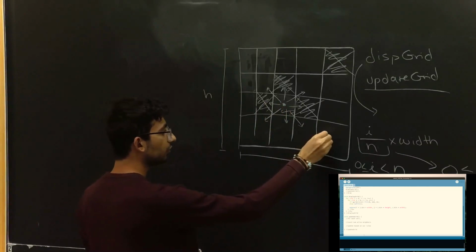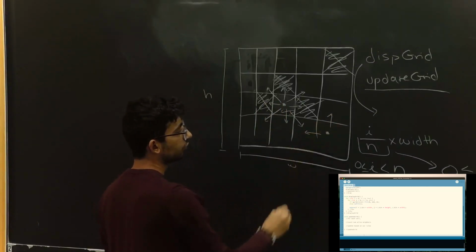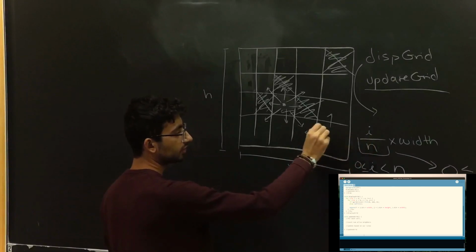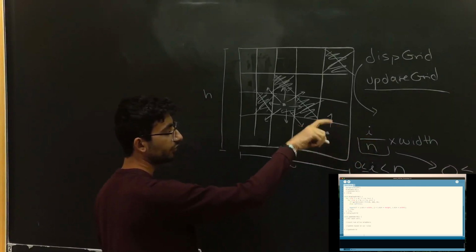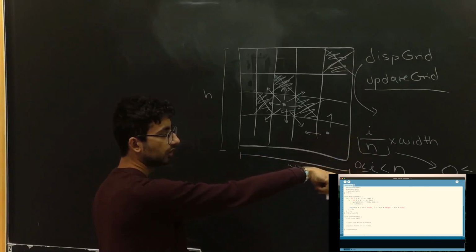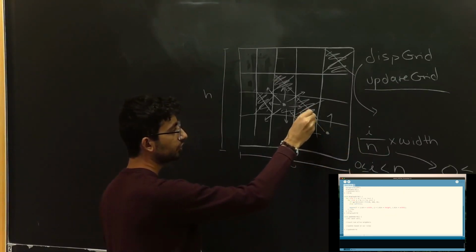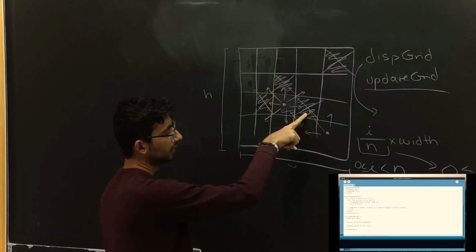But if we're here, for example, then we can only check 2 cardinals. This cardinal off to the east and south takes us out of bounds, and so do their corresponding diagonals. The only diagonal that's available to us here is the top left.